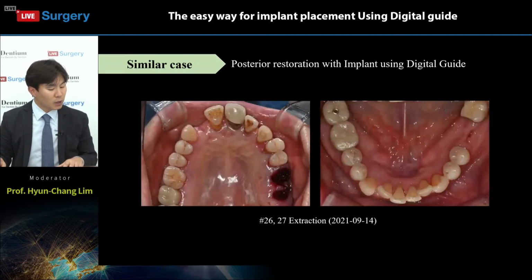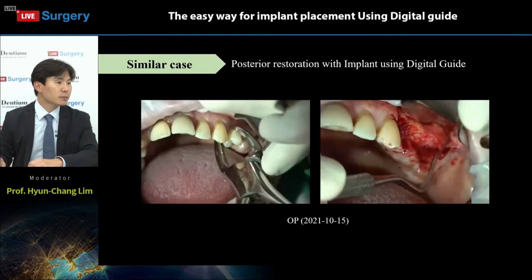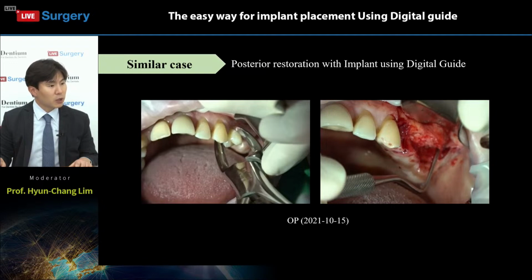Prior to implant surgery, teeth 26 and 27 were extracted. And after 1 month, implant surgery was performed on the 24, 25, 27 area. Teeth 24 and 25 were extracted right before implant placement for immediate implant placement. And there you can see some bone defect predominantly on the 26 area.